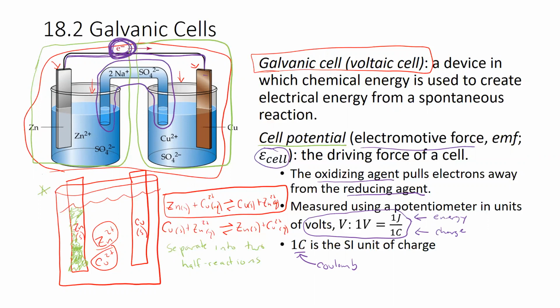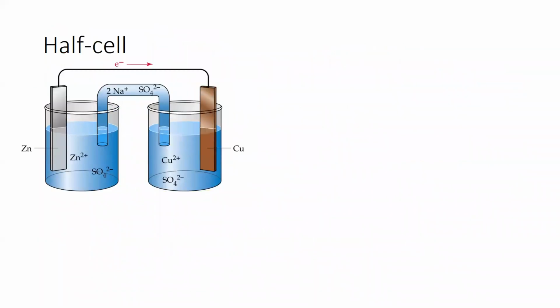Now, let's talk about those half cells, or the 2 reactions that are taking place here. You can see the direction of a reaction based on this particular drawing, such that the electrons are moving from the left side to the right side. And so what's going on there is that the zinc is losing some electrons.